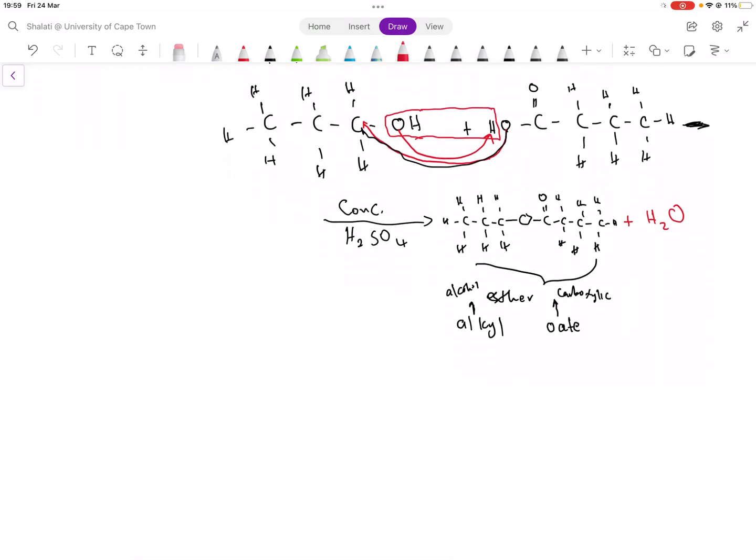So right now our alkyl is prop, 3 carbons from the alcohol, so the name will be propyl. Then our carboxylic acid has 4 carbons, so we have butanoate.